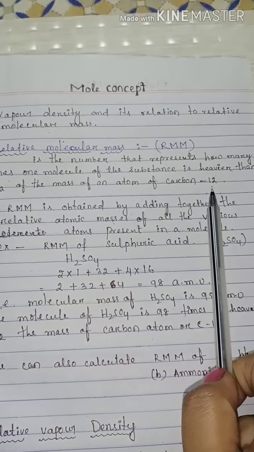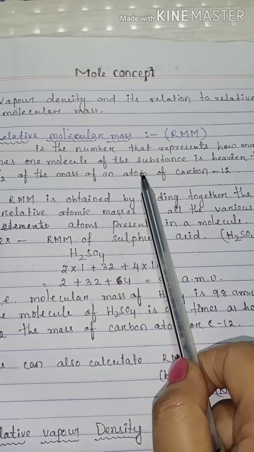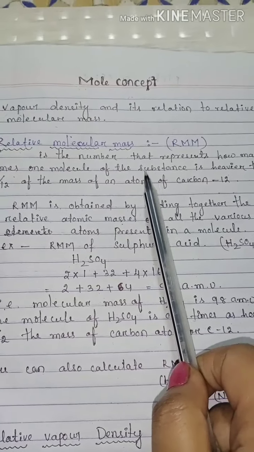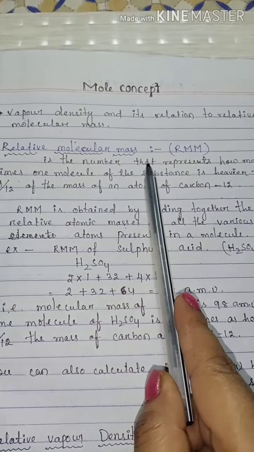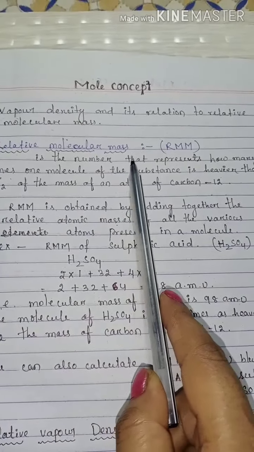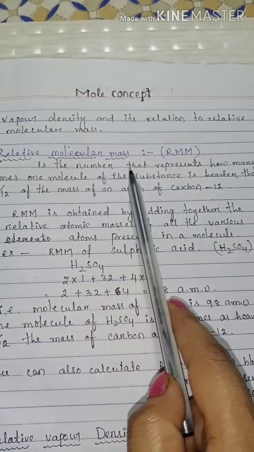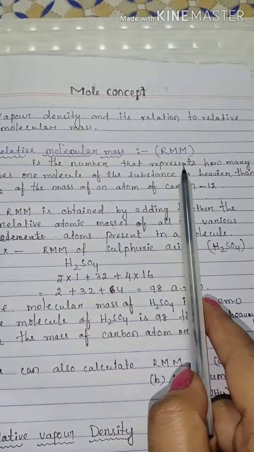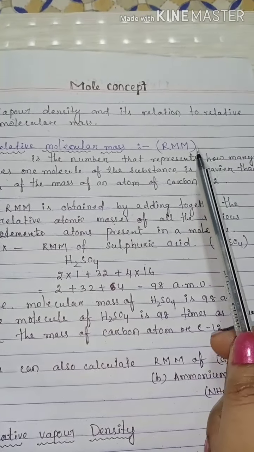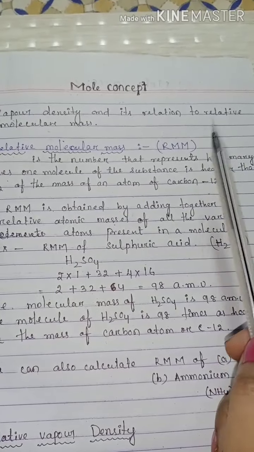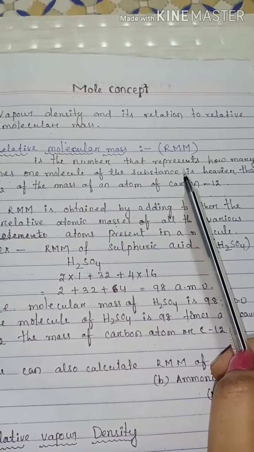of carbon 12. All these things are already taught in class 9th, I think. Again, I am telling what relative molecular mass is. It is the number that represents how many times one molecule of a substance is heavier than 1 by 12th of the mass of an atom of carbon 12.